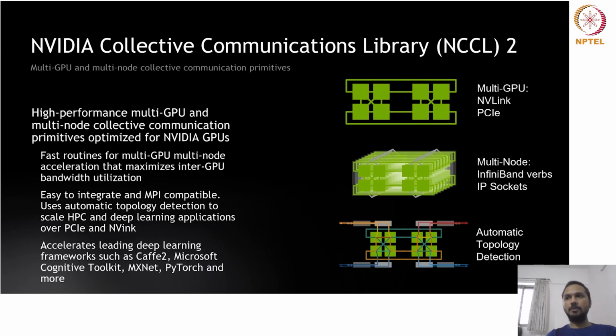When you enable multi-GPU distributed training, NCCL is called behind the scenes, and we will look at how to be assured that this is happening. It has various advantages, which we talked about yesterday. It does graph analysis to find the shortest path, the path having the lowest latency and highest bandwidth. It does automatic topology detection, and hence it helps in scaling pretty well on different kinds of clusters.